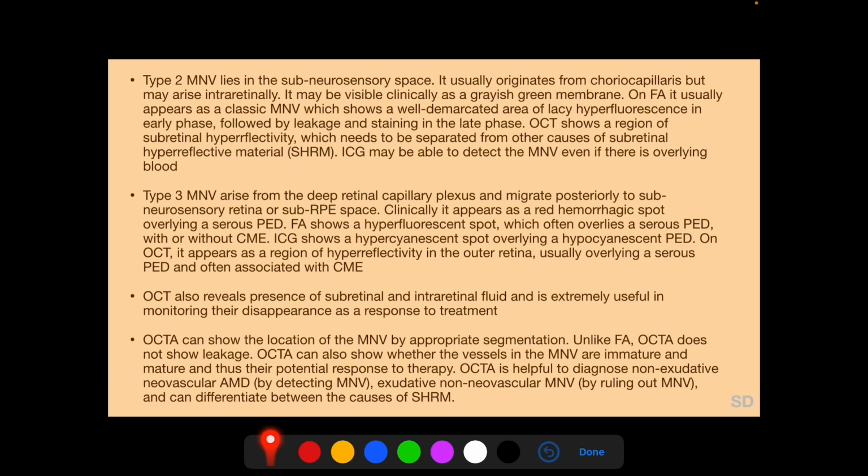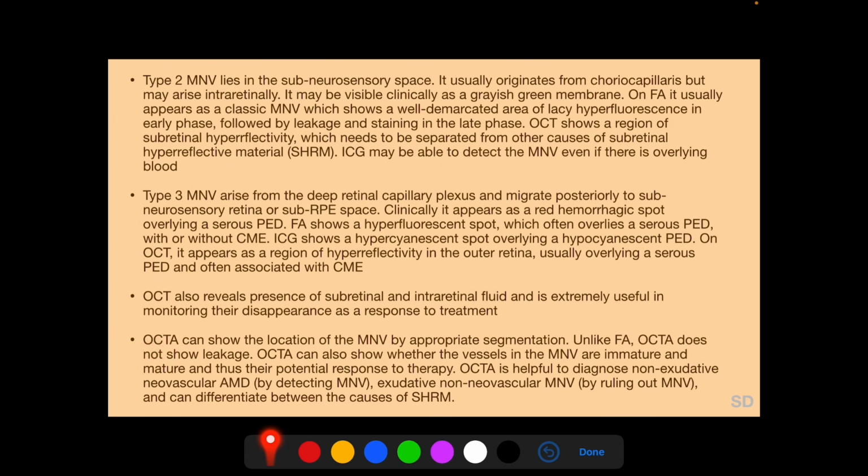OCT also reveals the presence of subretinal and intraretinal fluid in neovascular AMD and is extremely useful in monitoring the disappearance of that fluid as a response to treatment of neovascular AMD. OCTA can show the location of the MNV by appropriate segmentation. Unlike fluorescein angiography, OCTA does not show leakage.